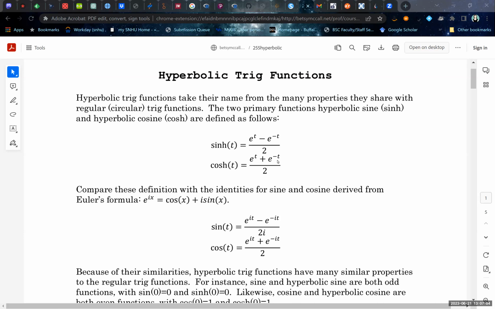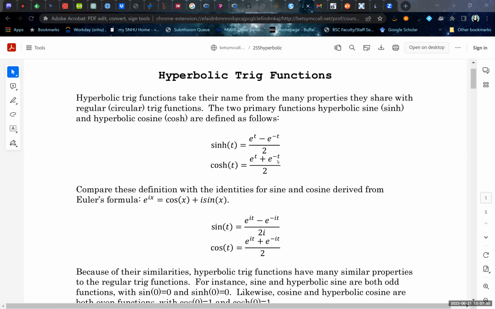Regular trig functions are based on the idea of a circle, and hyperbolic trig functions have relationships based on the idea of a hyperbola. And so the hyperbolic sine and cosine functions are actually defined similarly to regular circular, triangular sine and cosine functions, but in terms of exponentials.